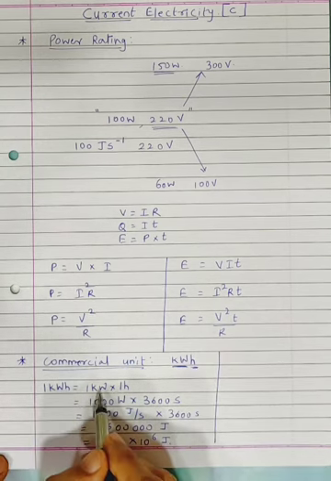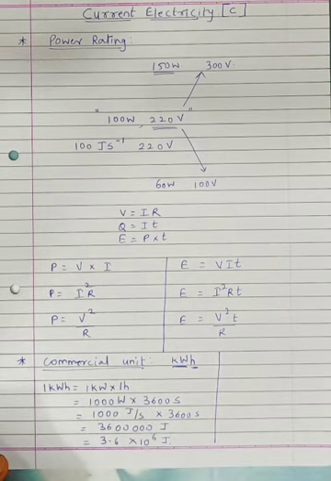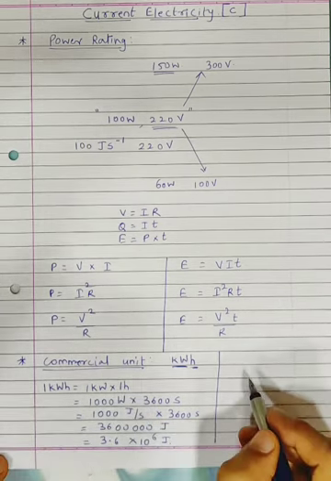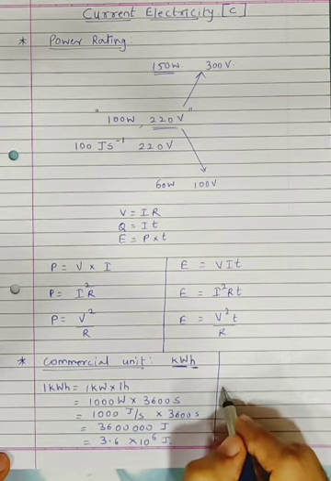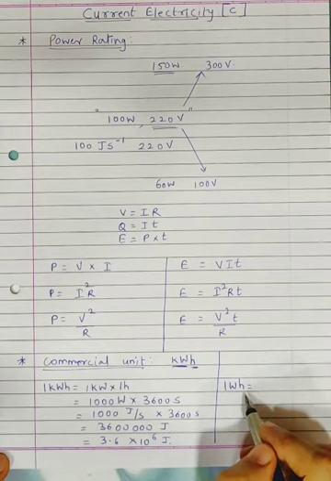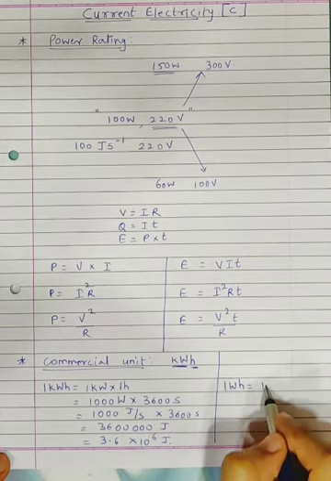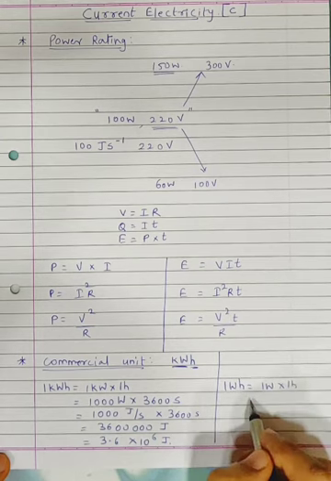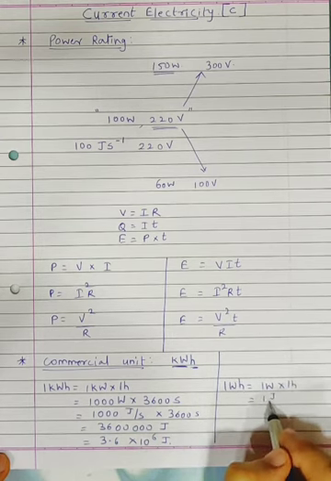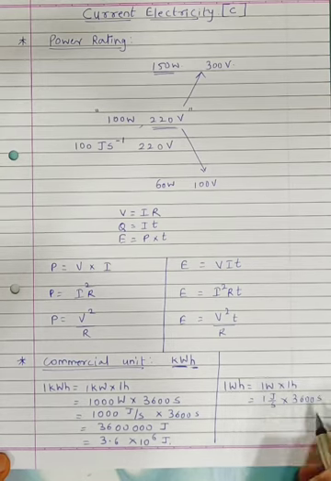Now how to derive for watt hour? So 1 watt hour is equal to 1 watt into 1 hour, but 1 watt is 1 joule per second, 1 hour is 3600 seconds.